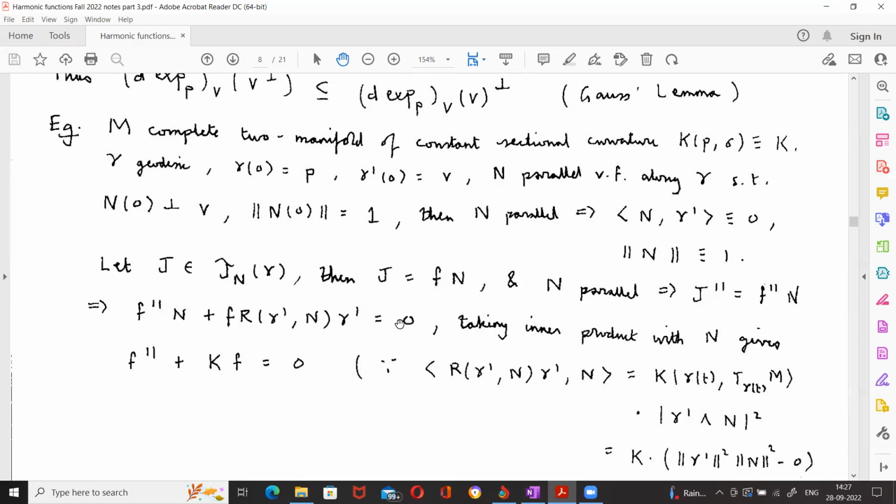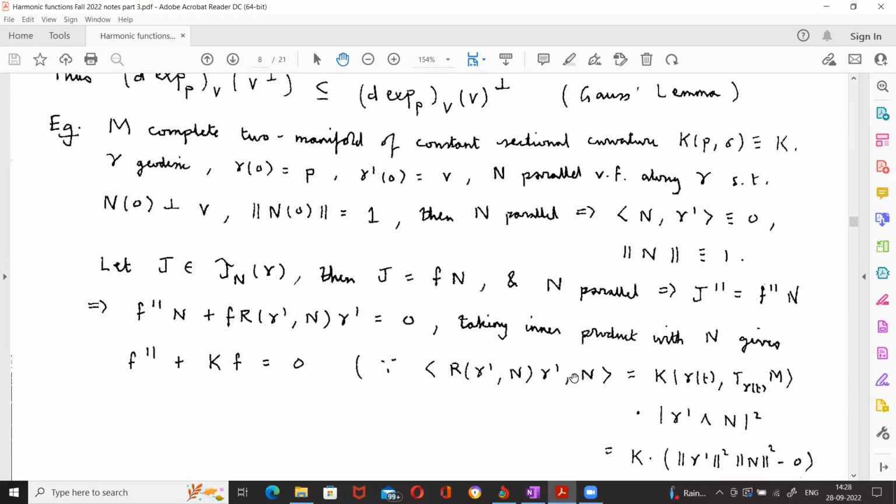Now I take the inner product with N on both sides. Then I get F double prime times N inner product N, which is 1, so just F double prime, plus F times the inner product R gamma prime N gamma prime N.